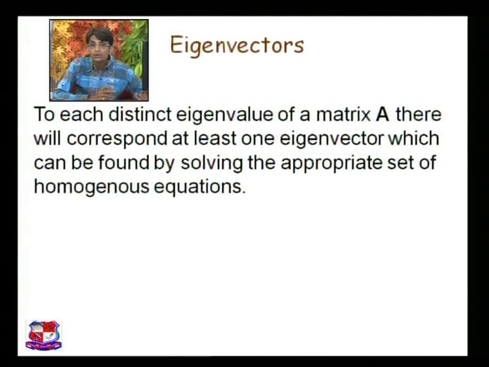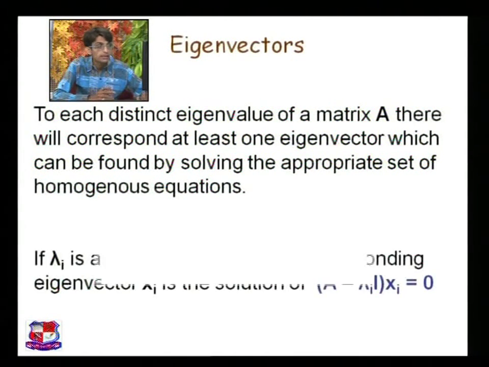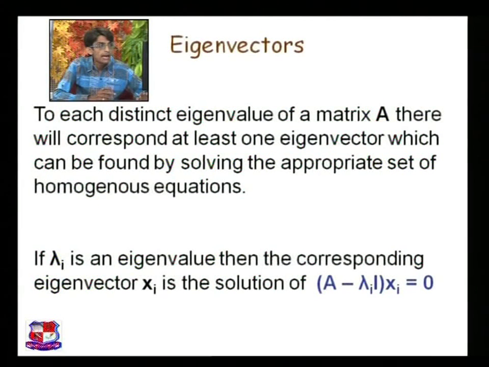So we can solve the appropriate set of homogeneous equations, that is, if lambda i is an eigenvalue, then the corresponding eigenvector xi is the solution of A minus lambda I into xi is equal to 0.